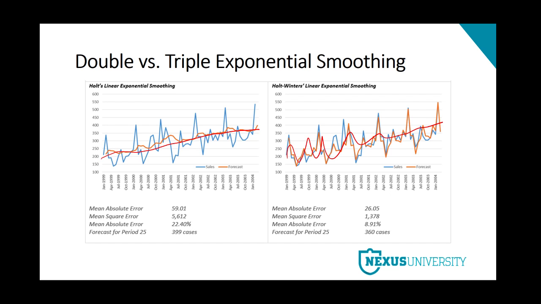This is also reflected in the metrics. The mean absolute error goes down from 59.01 to 26.05, and we can see improvement in the other metrics as well, as expected. The change in the forecast for the upcoming period, in this case period 25, is also reduced considering the seasonality element.